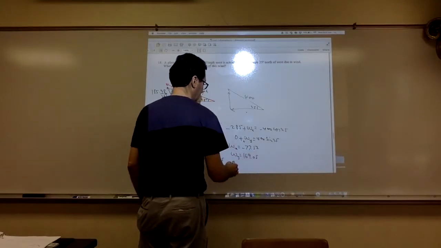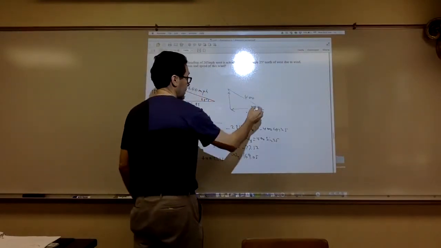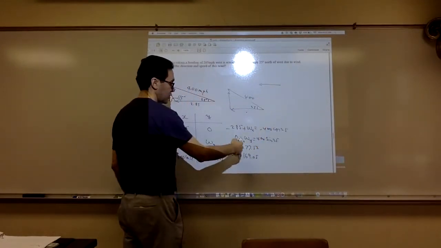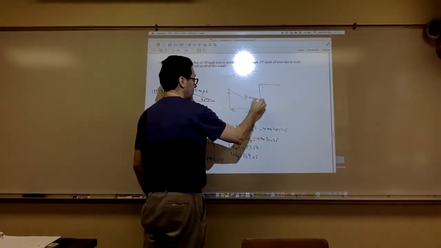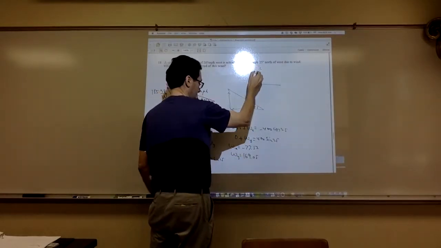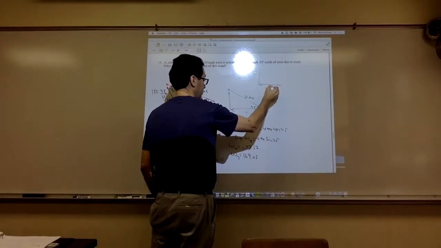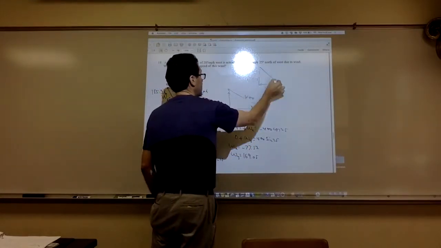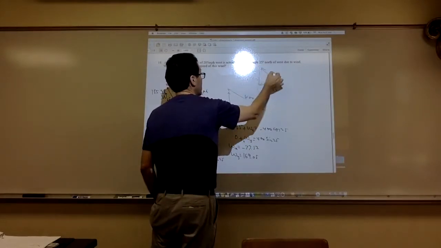And you make a triangle. We start with the x components first, and you do head to tail. So you go left, and you go up. So this is 77.52, and this is 169.05. And you just have to find out what this W is.